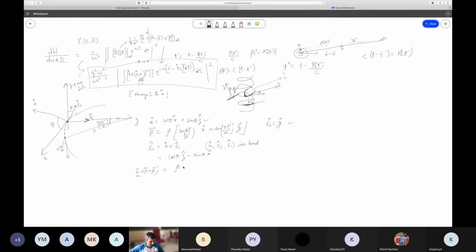You get minus beta sine Vt prime by A epsilon perp hat plus beta cos Vt prime by A sine theta epsilon parallel hat.